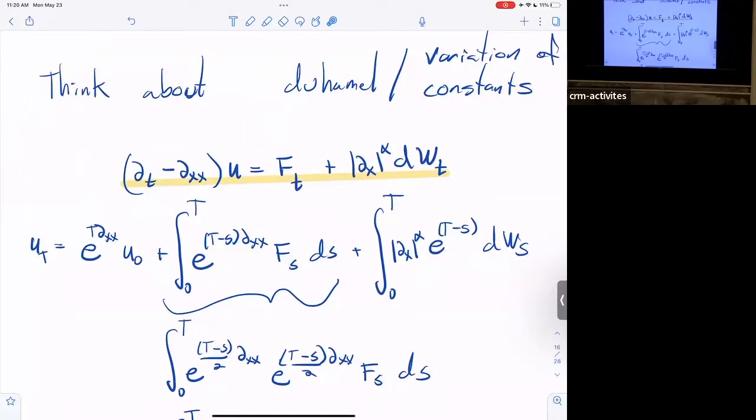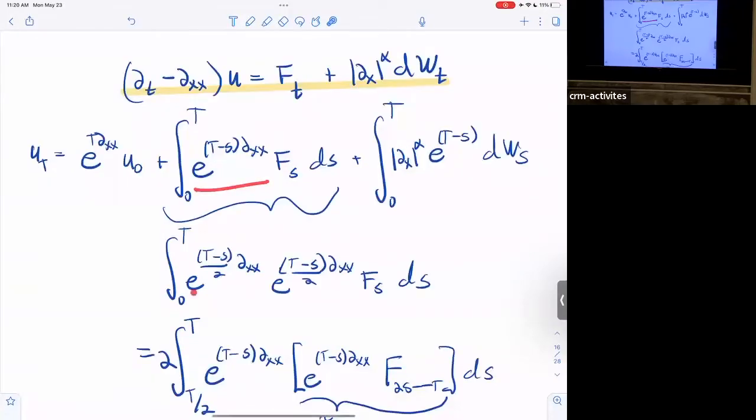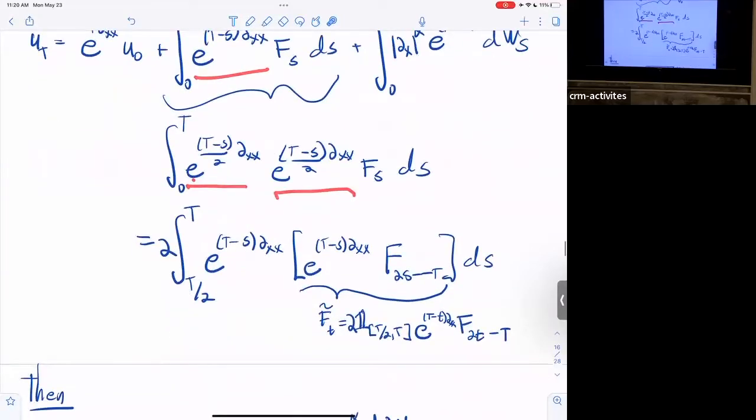So I'm going to do something that first looks like a trick, and then I'm going to draw a picture and explain to you why it's not a trick. It has intellectual content. I'm going to take this time integral and split it into two applications of the semigroup. That's what it means to be a semigroup. And now I'm going to change time. If I change time, you can trust me that I change the integration from t/2 to t.